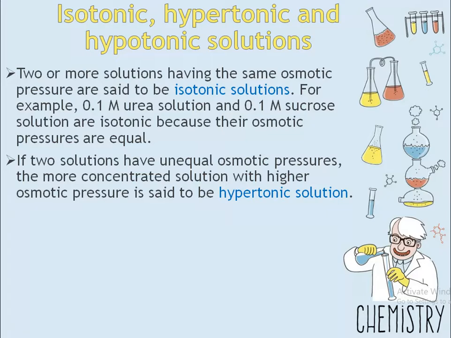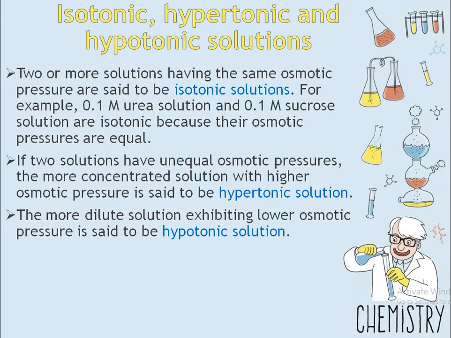Now, if two solutions have unequal osmotic pressure, the more concentrated solution with higher osmotic pressure is called the hypertonic solution, and the more dilute solution exhibiting lower osmotic pressure is said to be the hypotonic solution. That means we have two solutions, one's osmotic pressure is high and the second's is low, then the high one is the hypertonic solution and the low one is the hypotonic solution.